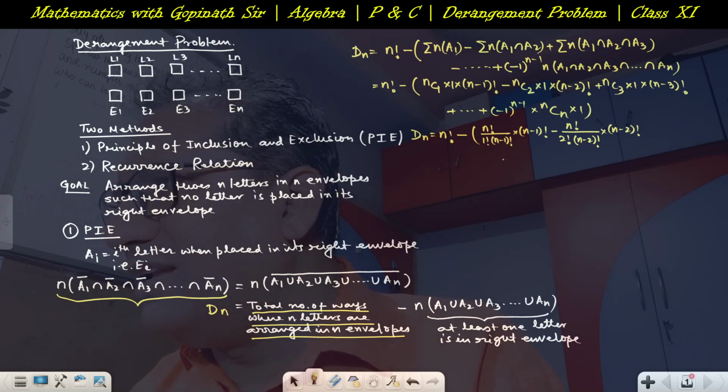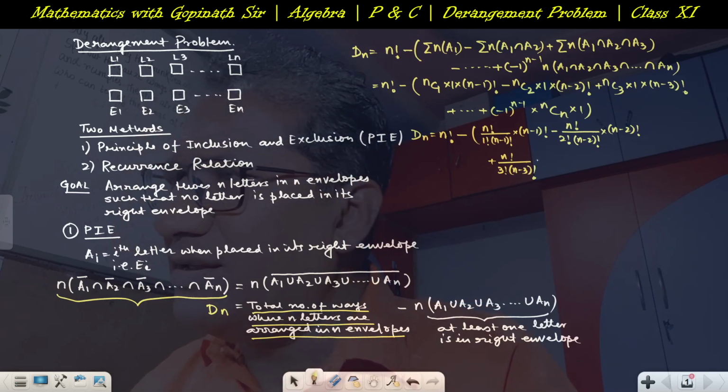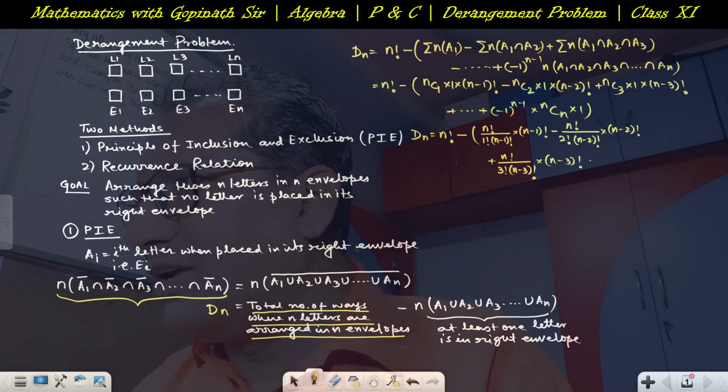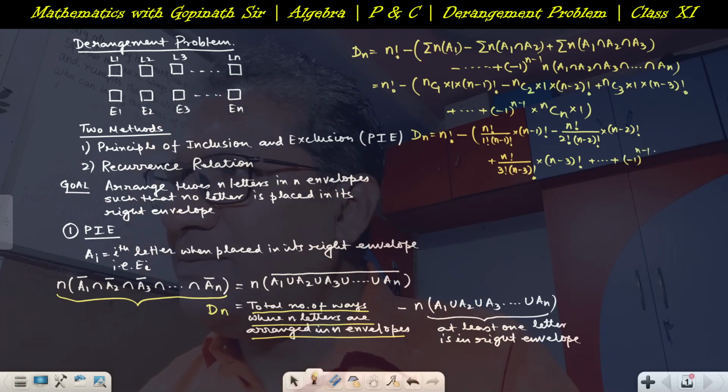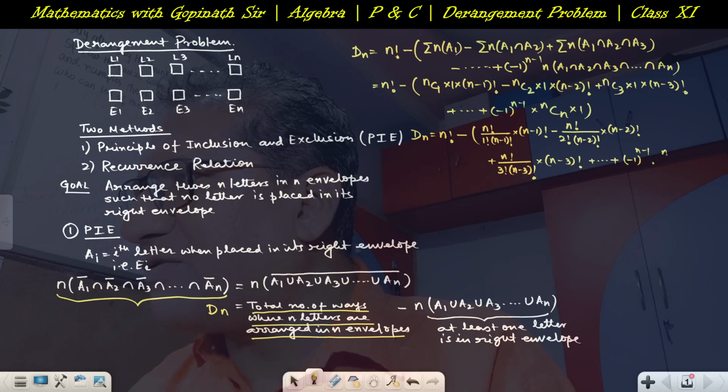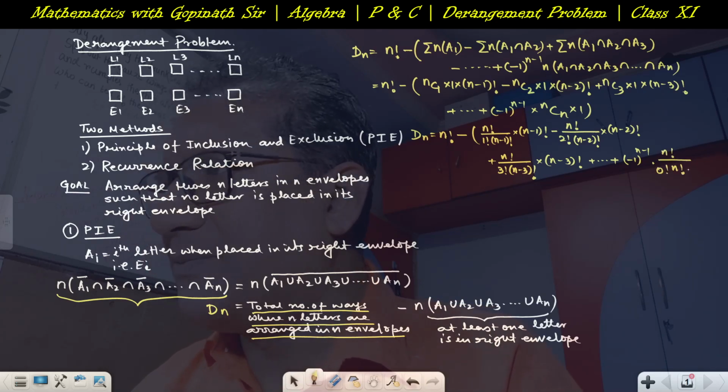Again, the third one will give us factorial n divided by factorial 3, (n minus 3) factorial, into (n minus 3) factorial. And this thing goes on again. So the last one will be minus 1 whole to the power n minus 1, nCn, which means factorial n divided by factorial 0 into factorial n.